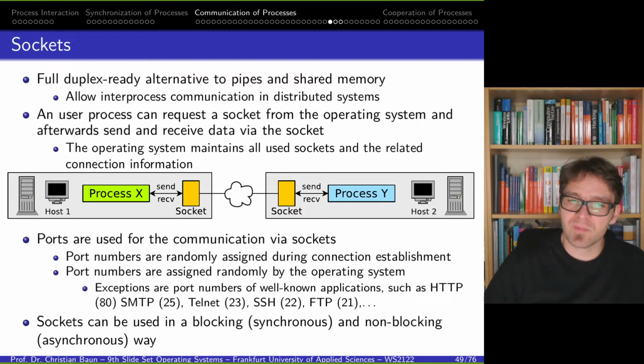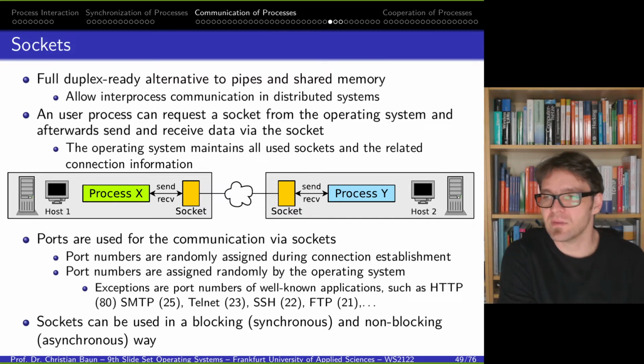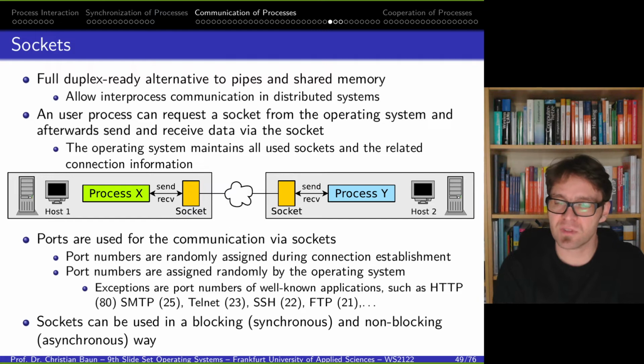To be more precise, port numbers are the addresses on the transport layer, and so port numbers address processes inside operating system instances. We have some port numbers which are well known and specified, so-called well-known port numbers.